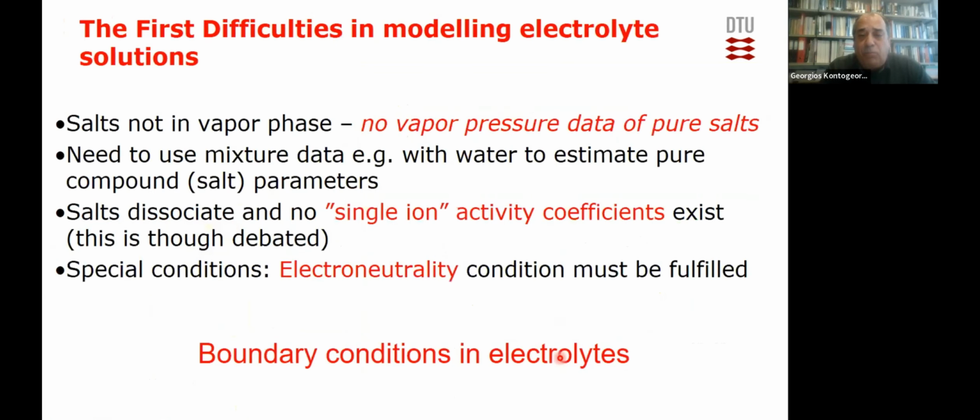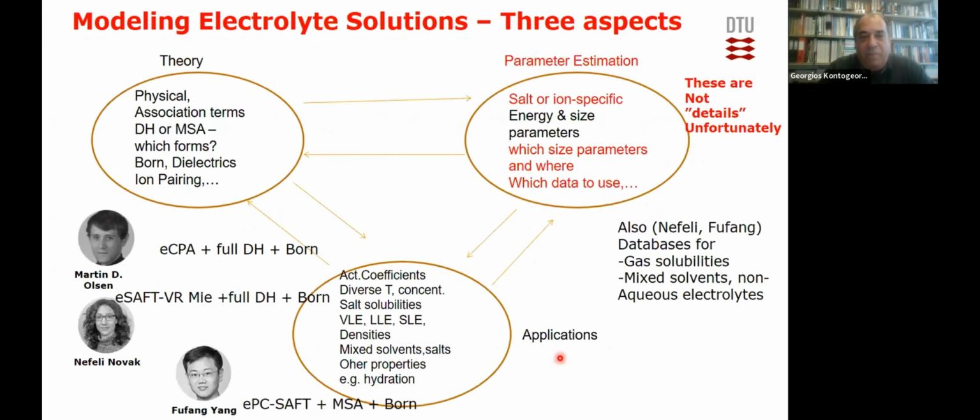And there are important boundary conditions here. We don't have vapor pressure data for pure electrolytes. We need to go to mixtures to estimate the parameters of pure compounds. Electroneutrality is an important condition. And a debated topic is whether we have individual ion activity coefficients. So I'm going to get back into this topic a little bit later in the talk.